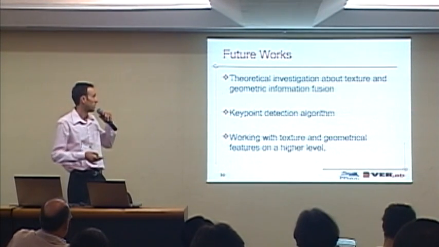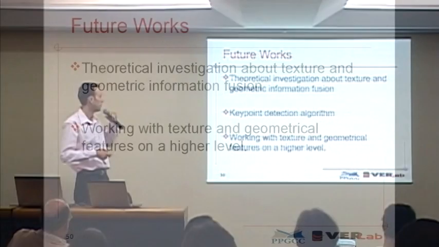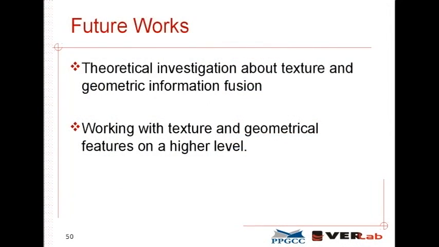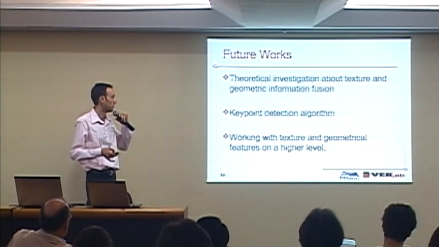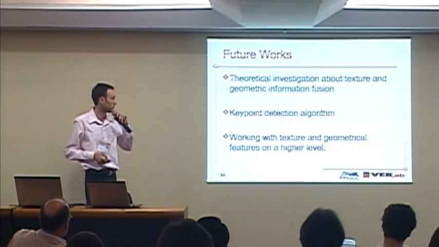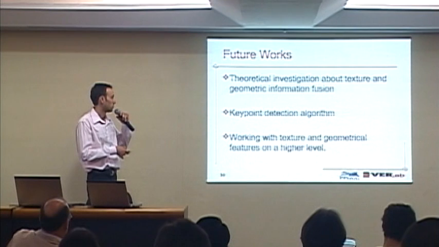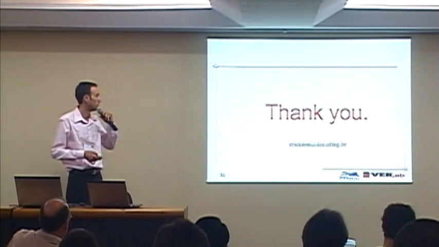As future work, we want to make a deep theoretical investigation about the fusion of texture and geometrical information. We want to apply our approach to create a new keypoint detector and work with texture and geometrical information at a high level.